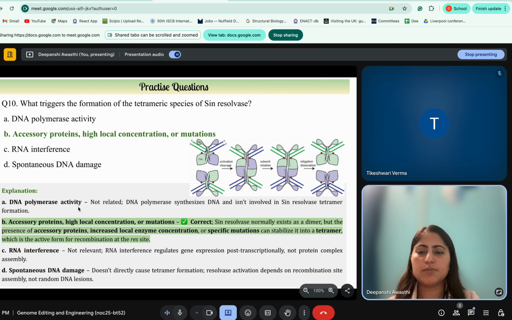If we talk about DNA polymerase activity, the resolvase, as it is a recombinase, does not have polymerase activity, and it is also not involved in RNA interference, and similarly not in spontaneous DNA damage. Because it is a serine recombinase, in this case there will be subunit rotation. This is the same figure which we have seen in the serine recombinases.